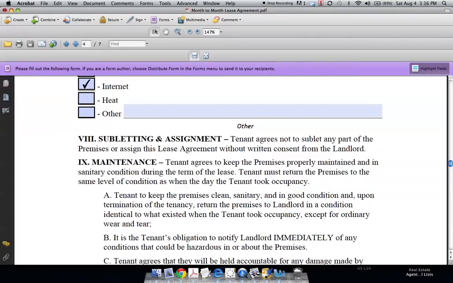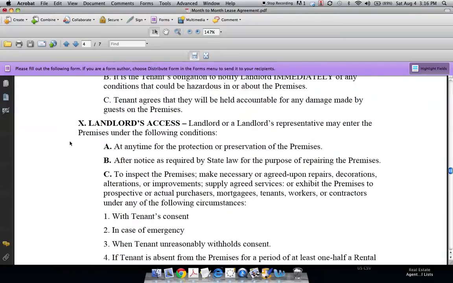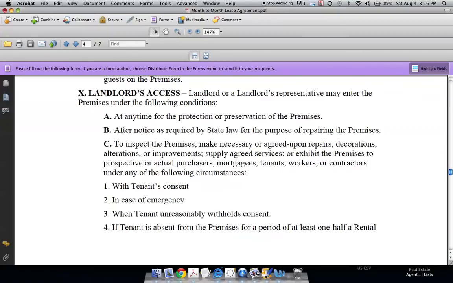Subletting, this just says the tenant cannot agree to sublet the property. He has to get your permission first before it gets rented out to somebody else. Maintenance just says the landlord has to keep everything up to date and that the tenant has to keep his property clean. Landlord's access, this is just non-emergency entrance to the property.